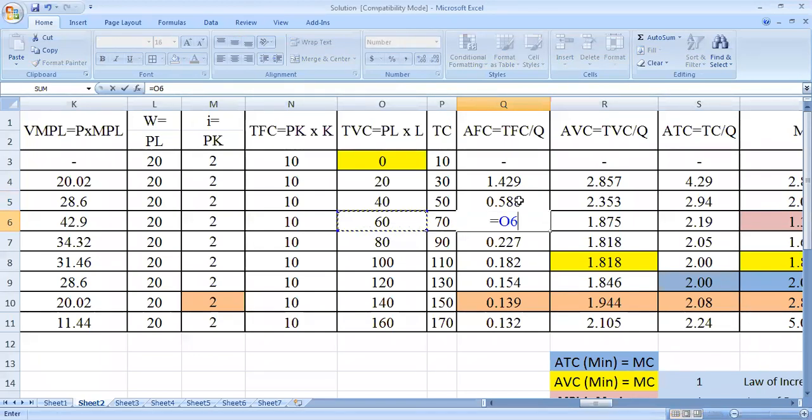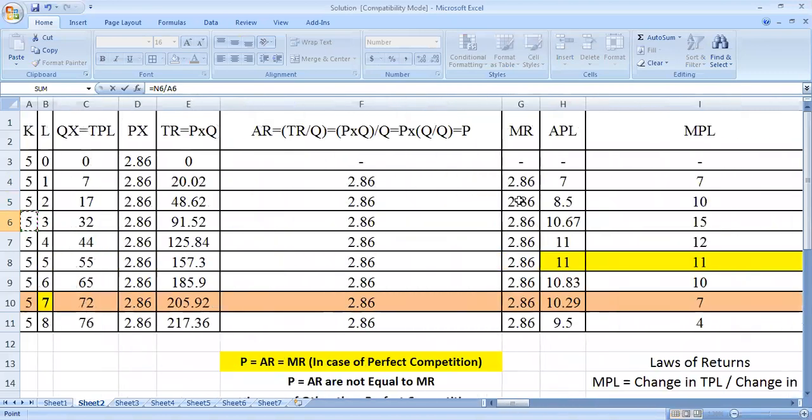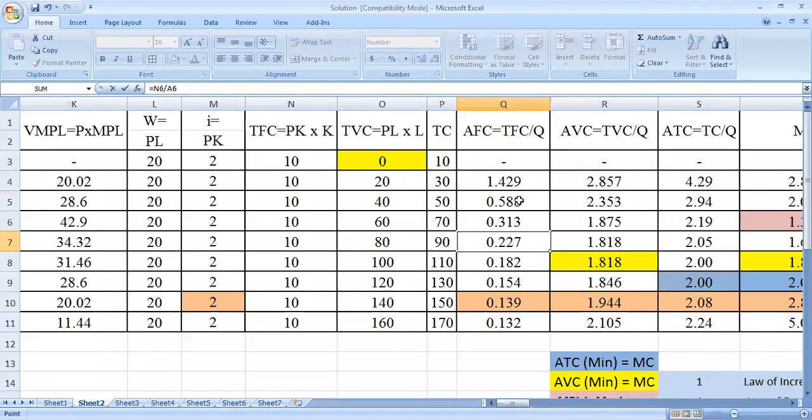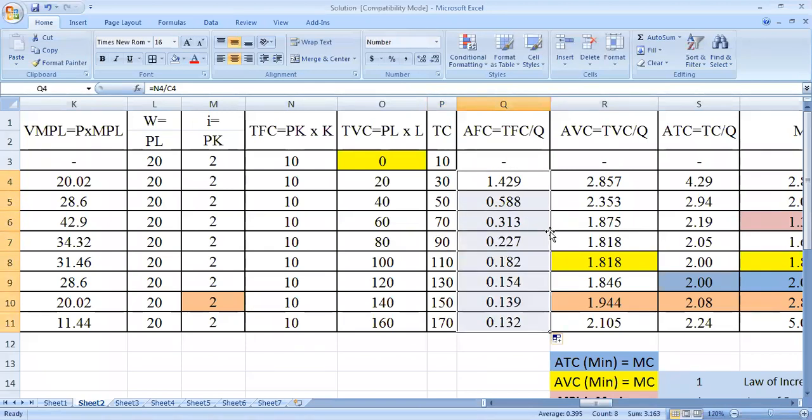Then dividing 10 by the next level of output, which is 32. So you see we have obtained some values. Now let's drag the entire values to obtain the column for average fixed cost. Now let's condense the information up to two decimals.